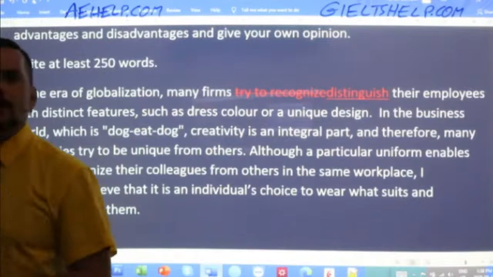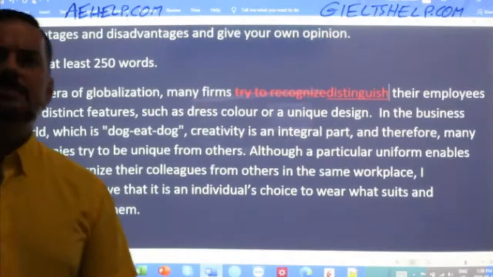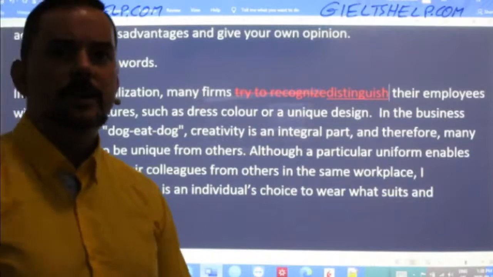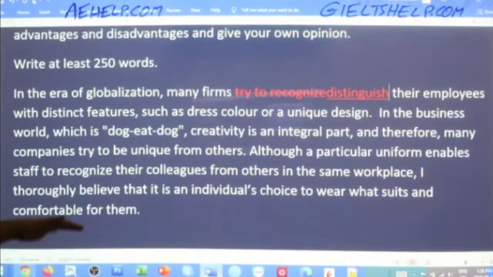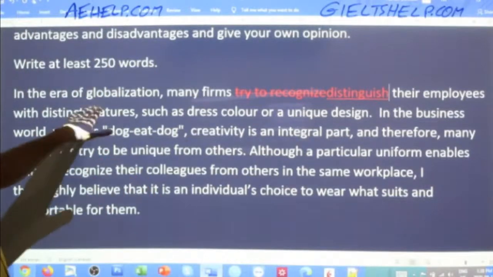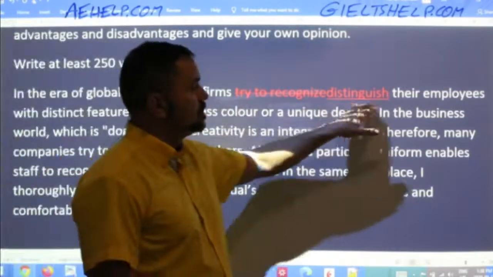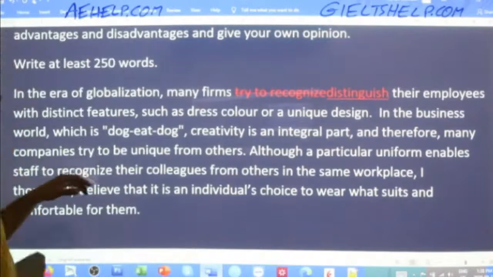Okay, so let me see if everybody can see the red text clearly? I just want to make sure that you're seeing my corrections. So this would be my first correction here. In the era of globalization, many firms distinguish their employees.